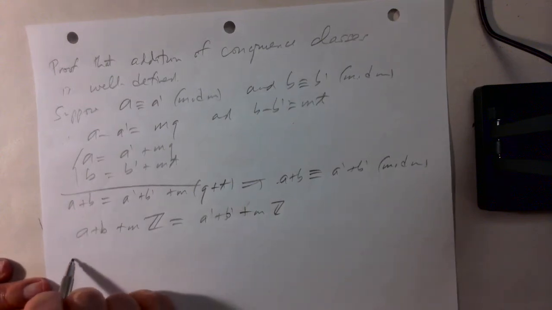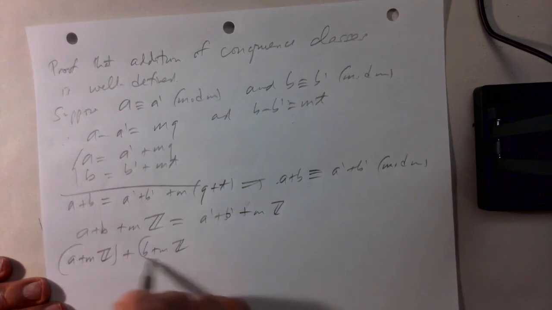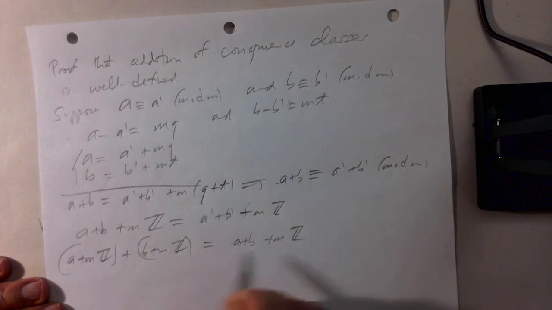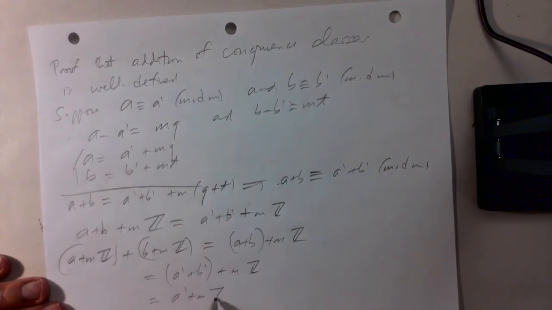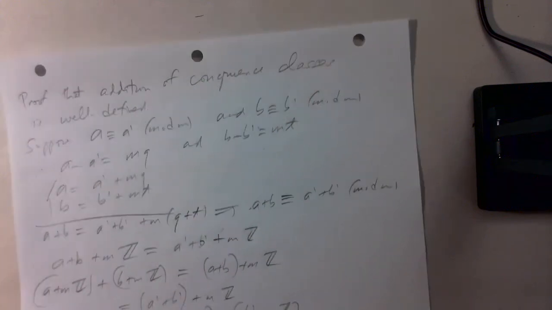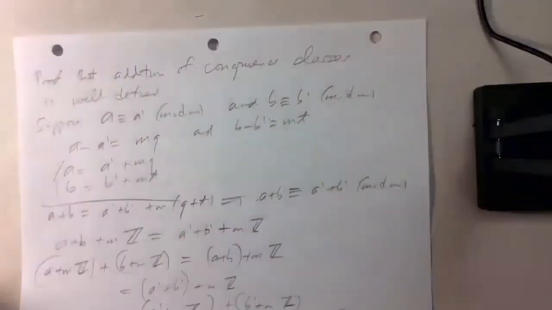So this means that if I take a plus mz and b plus mz and add those congruence classes, I get a plus b plus mz, which is a prime plus b prime plus mz, which is a prime plus mz plus b prime plus mz. End of proof. Addition of congruence classes really is well defined.